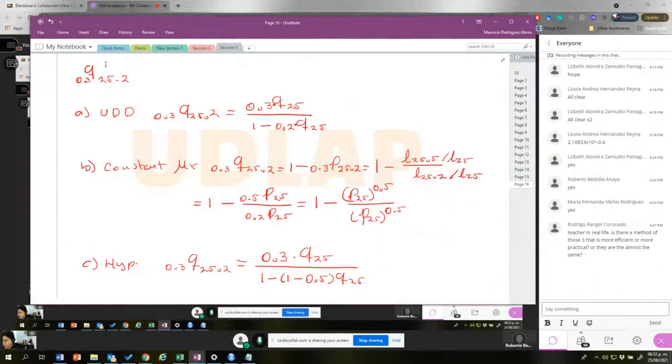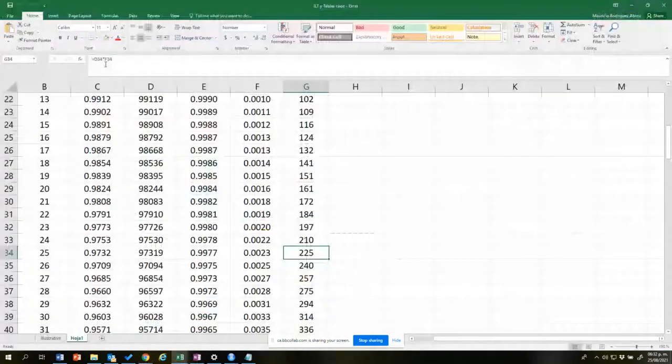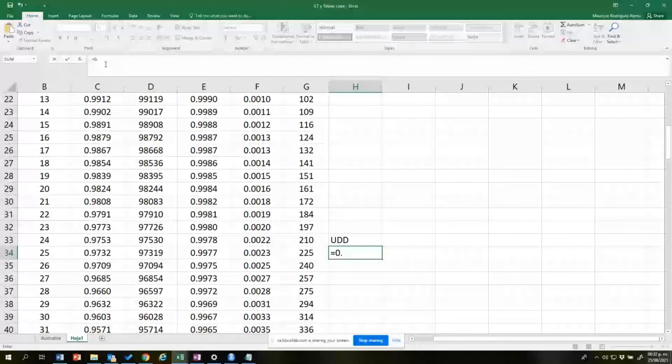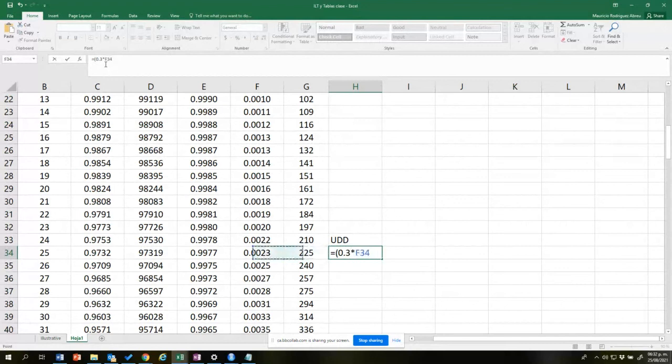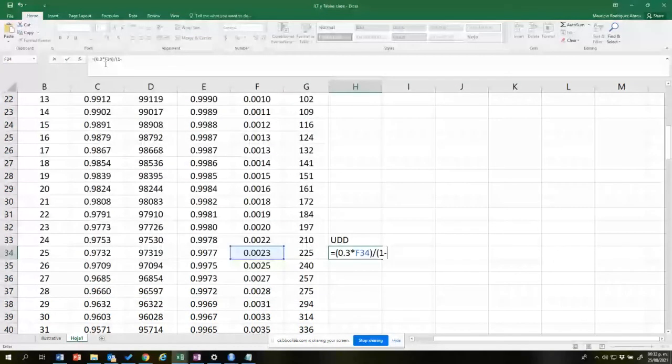So let's just do this. The first one, I'm going to use Excel because I know I have all the decimal points in there. So it would be 0.3 times this divided by just 1 minus, right?